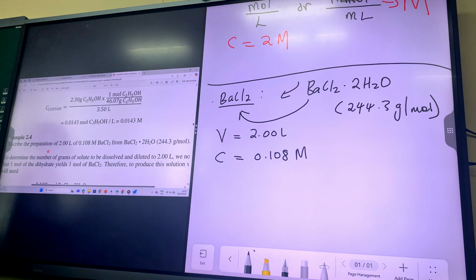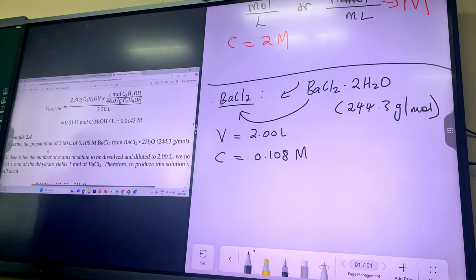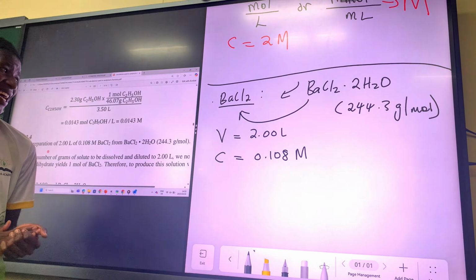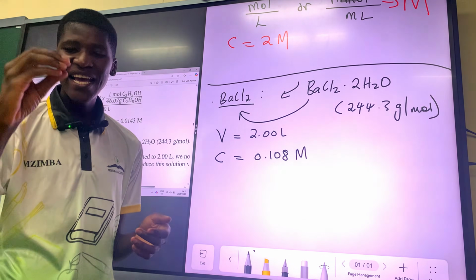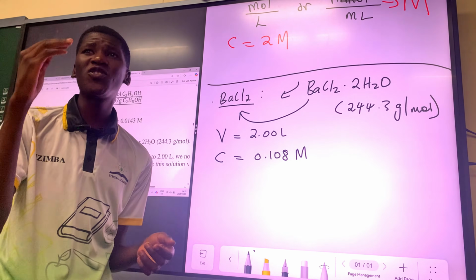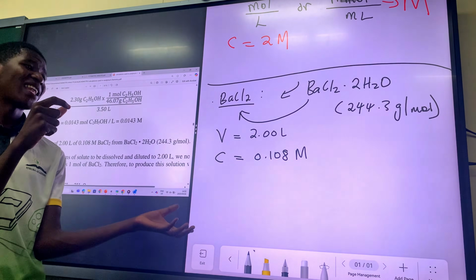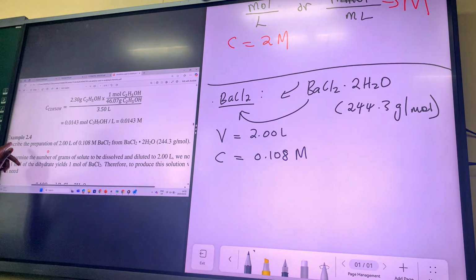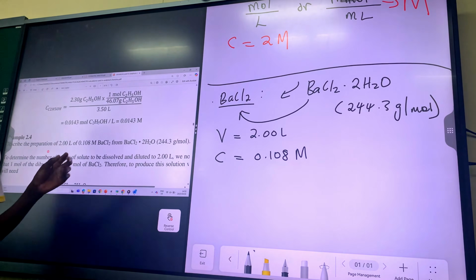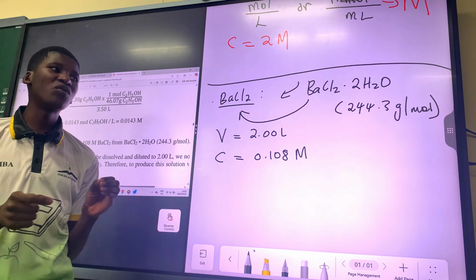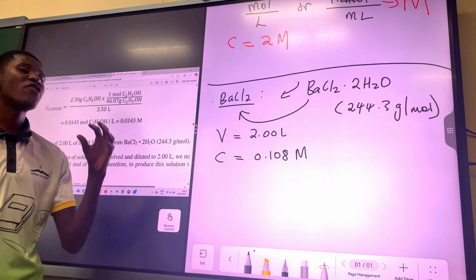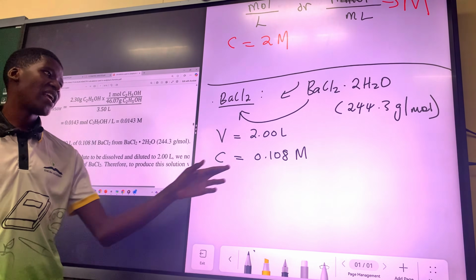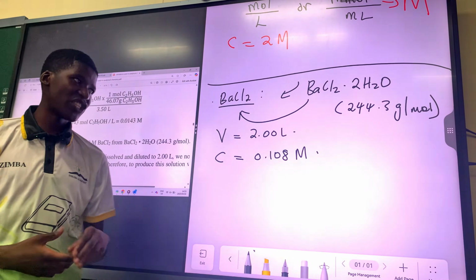Now, when they ask you to describe the preparation of a certain solution, they want to know what mass you will dissolve, because the idea in creating a solution is to take a certain mass. Let's say practically they tell you to take silver chloride, which is 2 grams, you weigh it here and then you put it in water. That's preparing a solution. So whenever they ask you to describe the preparation, in other words they are asking how much mass you are going to use to prepare this solution that will have a volume of this and a concentration of this.